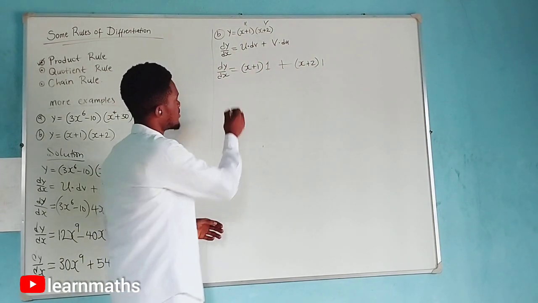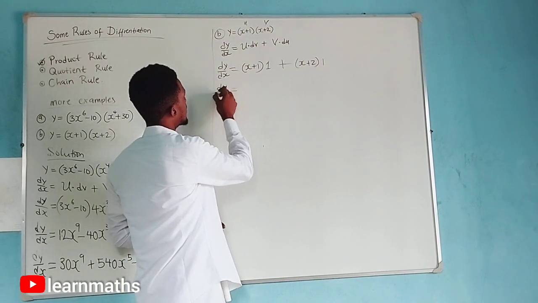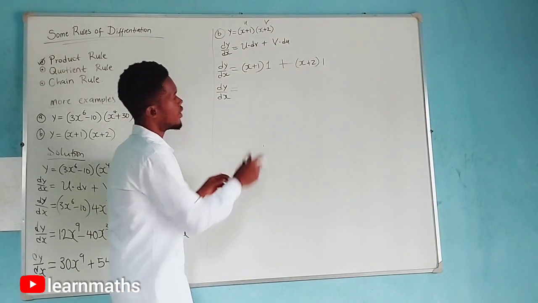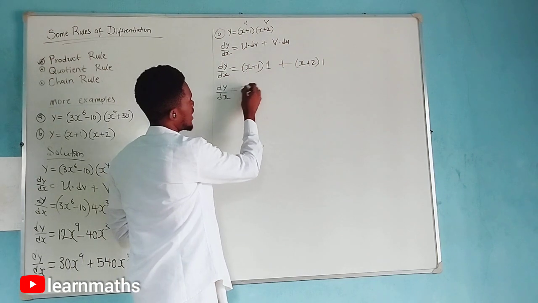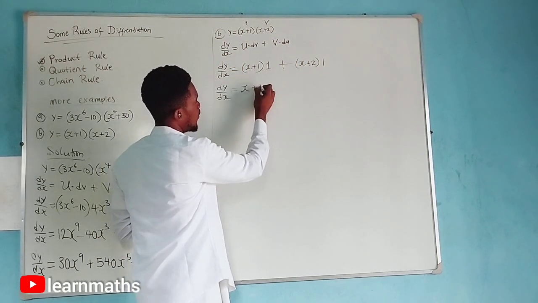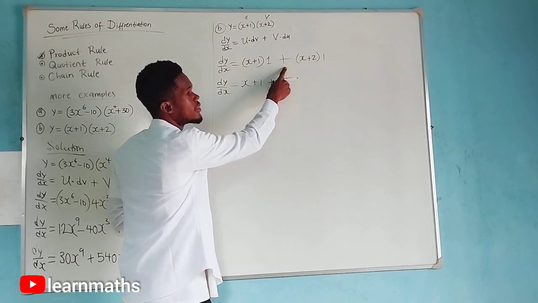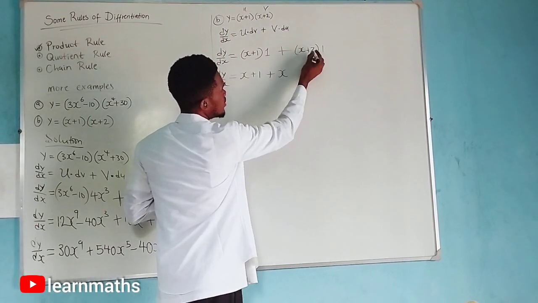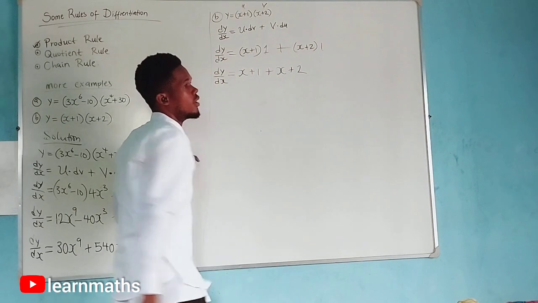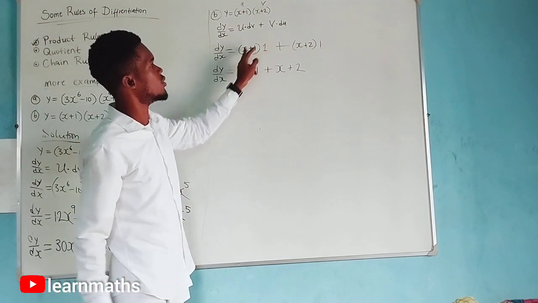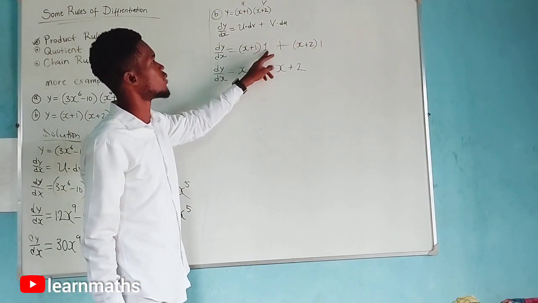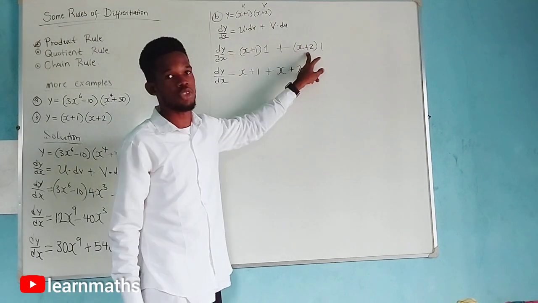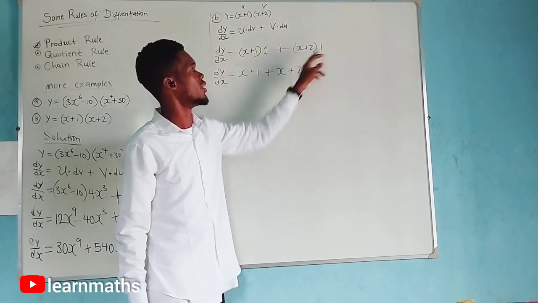But let's put the terms together. Let's open brackets and put the terms together. Alright, so 1 times x is x, right? 1 times 1, 1. Plus 1 times x, x. 1 times 2, 2. Alright? We've opened the brackets. x plus 1 times 1 is x plus 1. x plus 2 times 1, x plus 2.